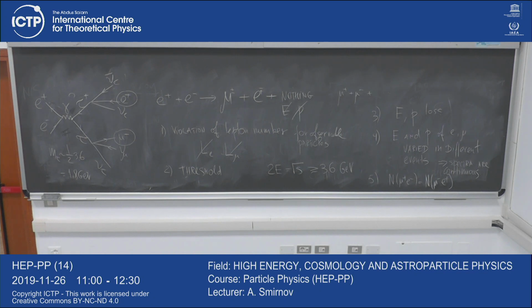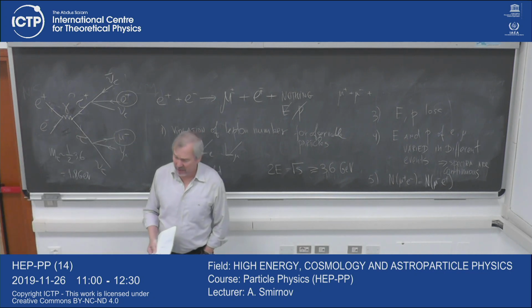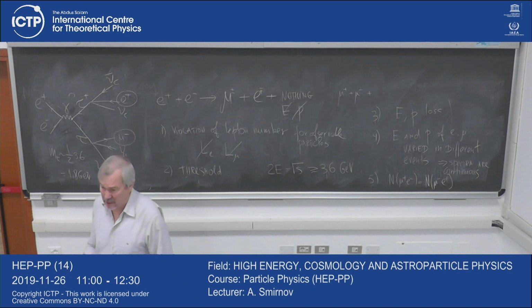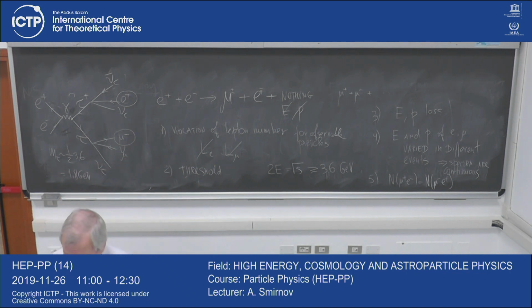So questions? Were you not able to detect these neutrinos in the experiment? Well, the number of events here was, I think, in the first experiment around 50 or so, or even less, maybe 30 events of this type, and it's just too few events. You cannot.